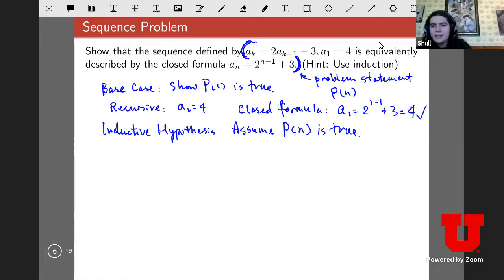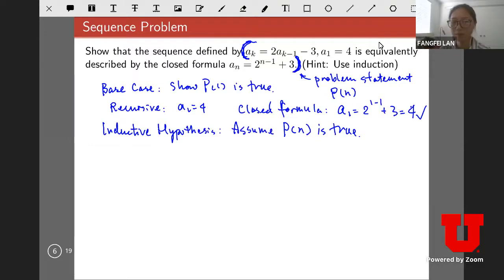I guess you can, but you don't have to include the fact that these two are equivalent. It is equivalent to say that the two are equivalent and to just say that A of m equals 2 to the m minus 1 plus 3, because A, by definition, is the recursive sequence.